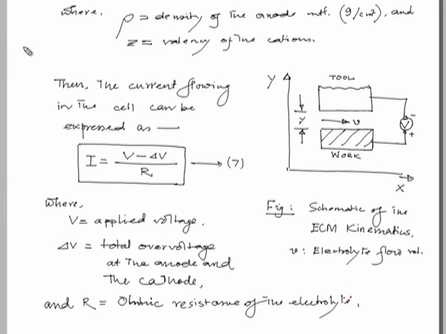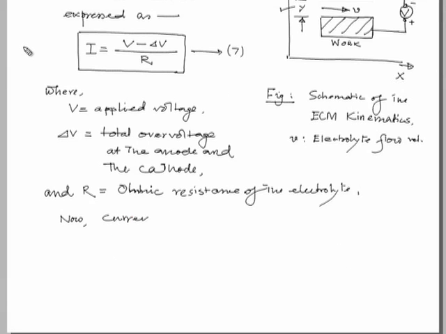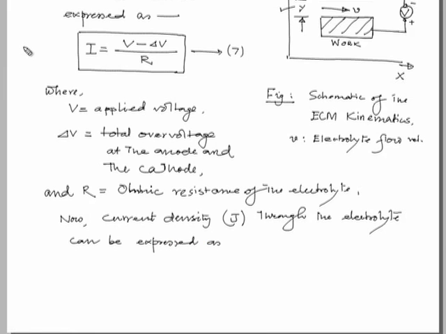Now, if the electrolytes are separated by a distance y, as shown here, this y, then the current density, which is conventionally expressed by the symbol J, through the electrolyte can be expressed as J is equal to kappa times V minus del V divided by y.